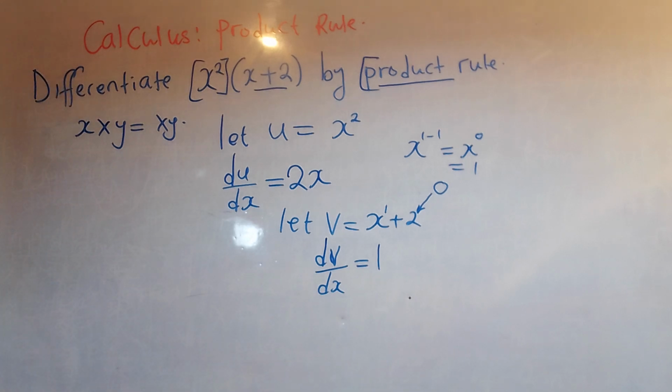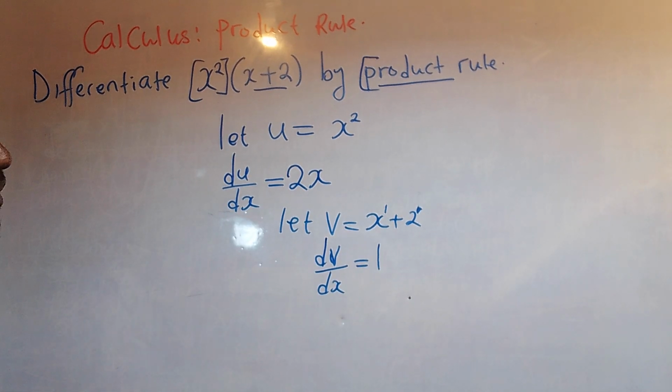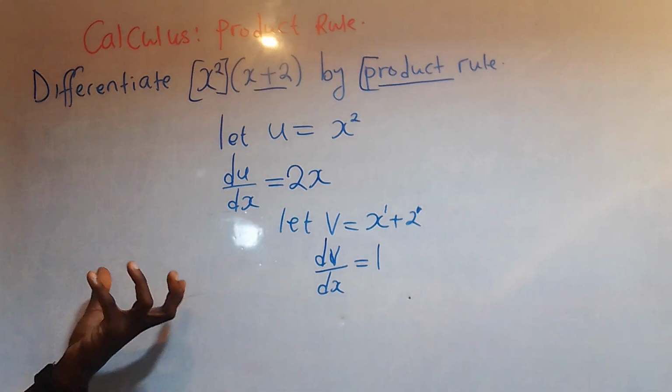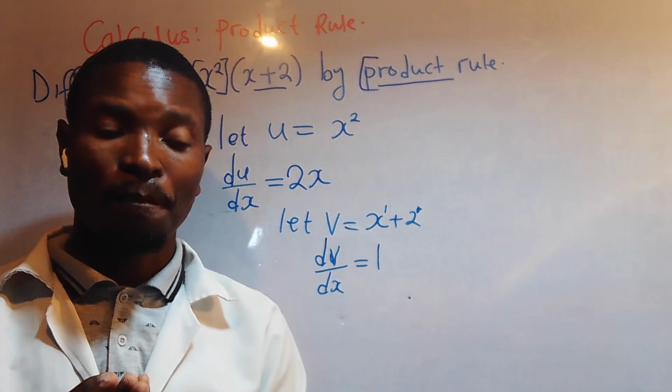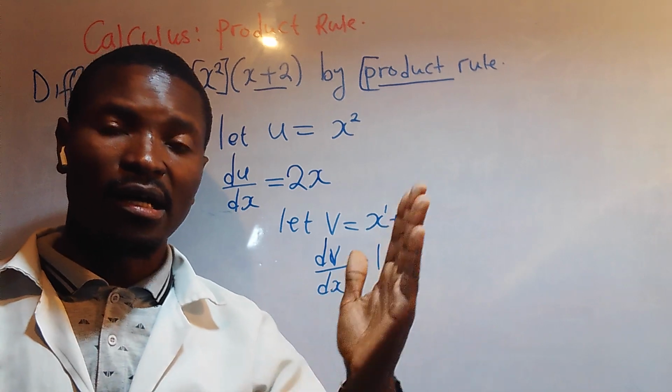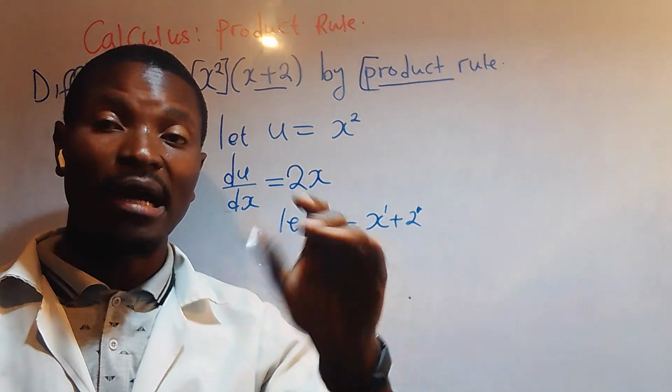Now what this means is that we are going to have the differential of the product, meaning we are going to have u multiplied by v.